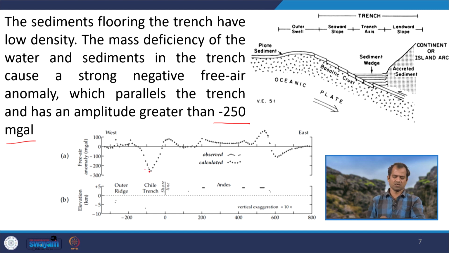Here this trench is about minus 250 milligal, and these are representing the positive and some of the negative. So, that means wherever there is mass deficit, there is negative, and where there is mass excess, there is positive gravity anomaly expressed across the subduction zone system.